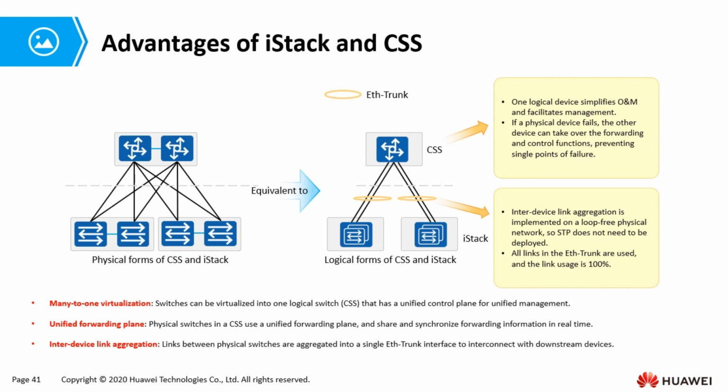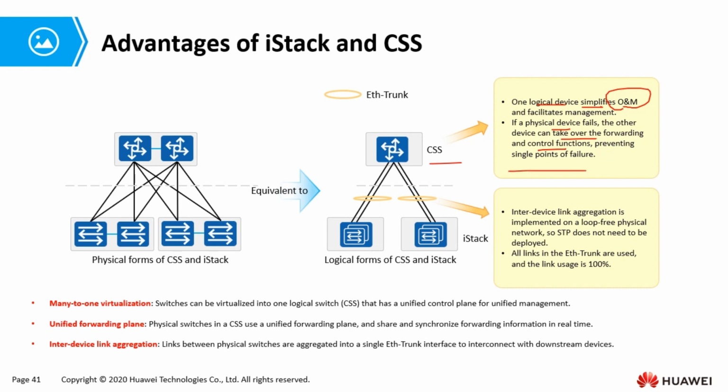If you look here, CSS basically only has one logical switch, so it will simplify your operation and maintenance work and facilitate management. If a physical device fails, the other device can take over the forwarding and control. You do not need to physically or manually check it, because you already stacked and clustered them together as one logical switch, so they will automatically switch over and prevent a single point of failure.